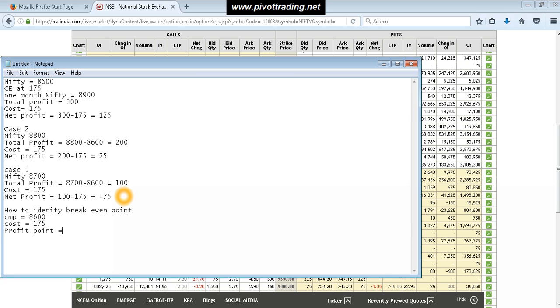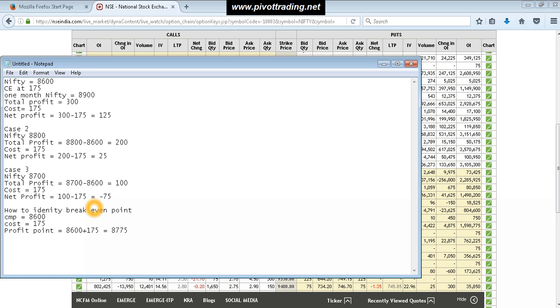So what is your profit point? When will you start making the profit? Since you have bought the call at 175 rupees, with strike price 8600, you can make a profit only when your total profit is more than 175. So when Nifty goes above 8600 plus 175, which is your cost, then you will start making the profit. So your break-even point is 8775.